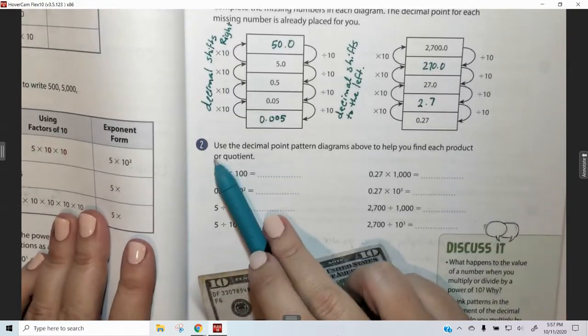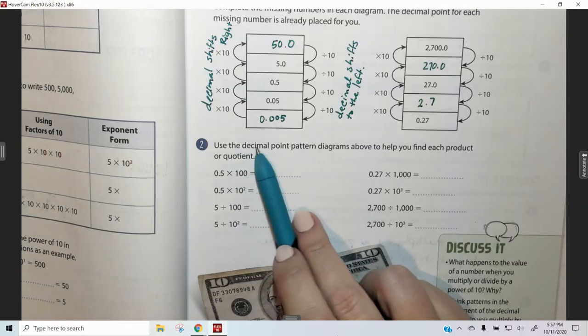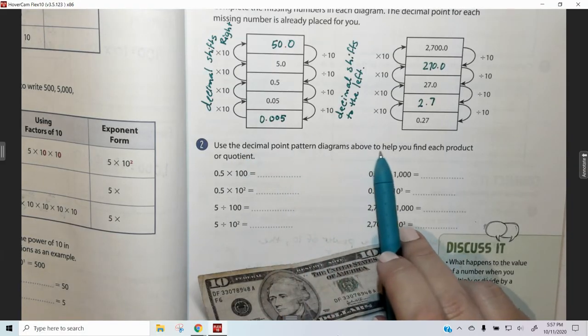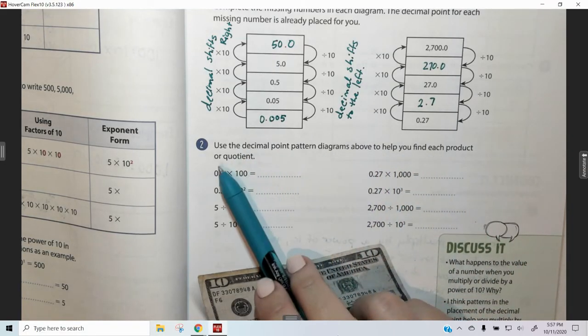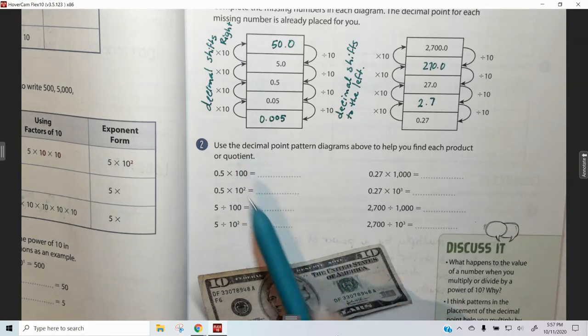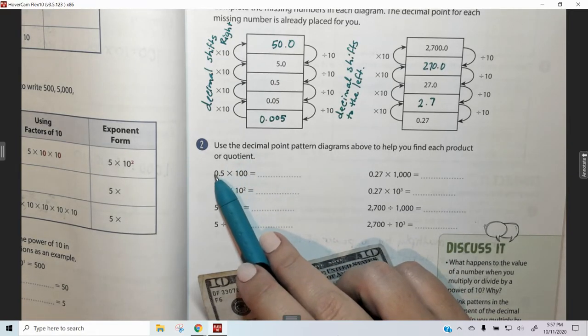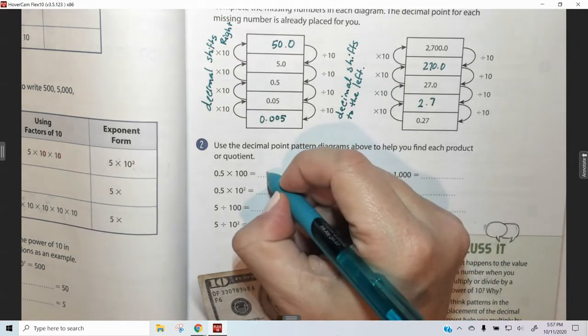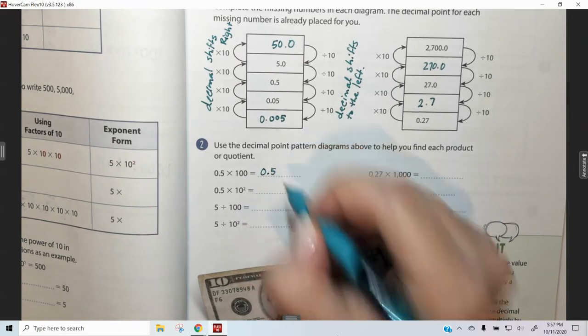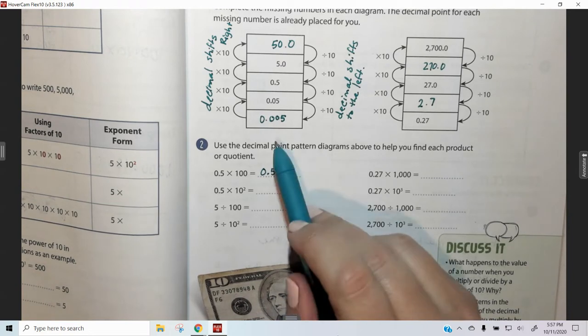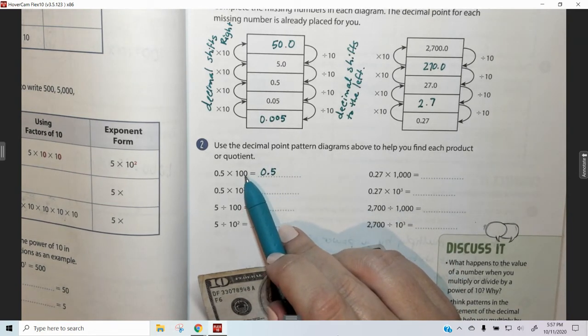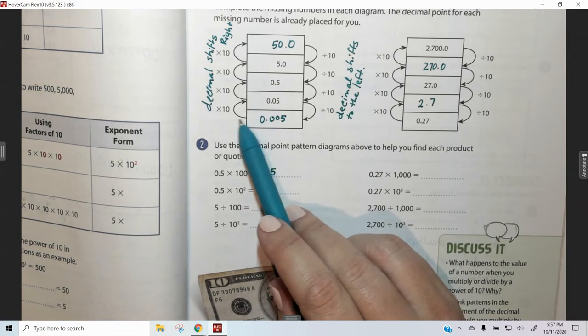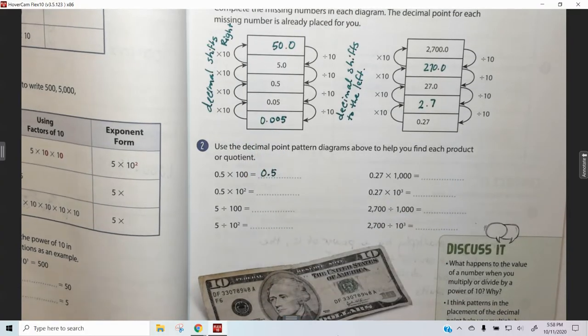So now let's look at number 2. Number 2 says use the decimal point pattern diagrams above to help you find each product or quotient. So if we have 5 tenths and we're multiplying it by 100, we can start with our 5 tenths and then we look at how many multiples of 10 we're going to shift.